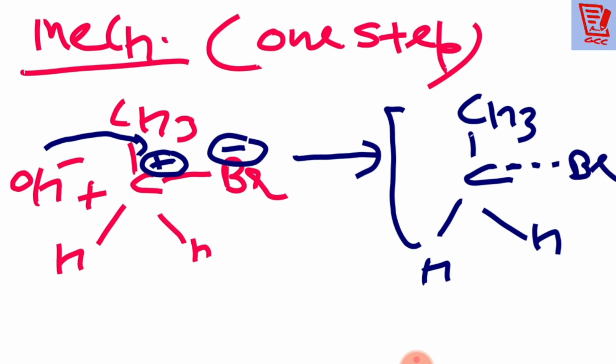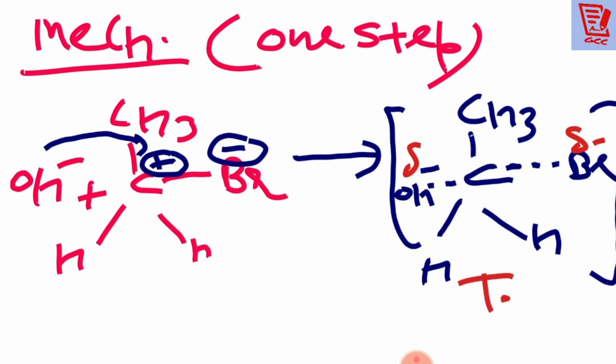But here this is OH negative. How many bonds are we getting over here? Partially negative is partially negative. We are getting 5 bonds on carbon, which is not possible. So that is why it is a transition state.